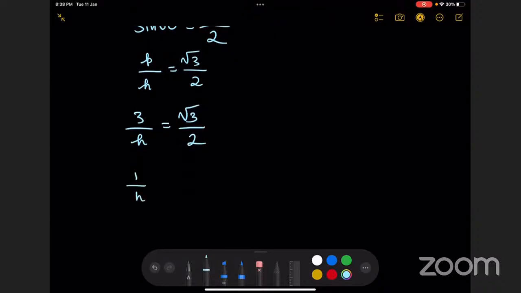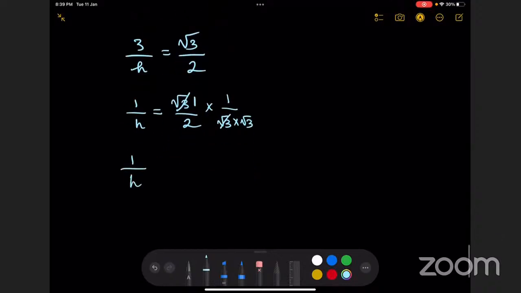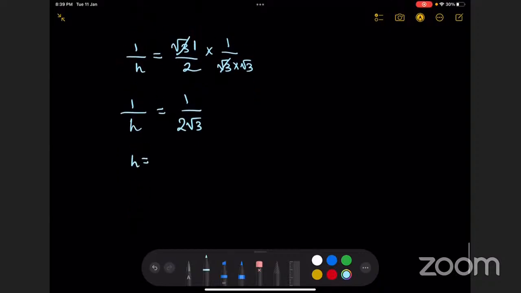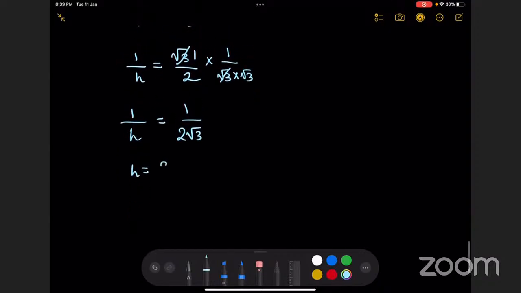Therefore, 1 by height equals root 3 upon 2 times 1 by 3. Root 3 times root 3. Therefore, the hypotenuse, or the slide in this case, is 2 root 3.